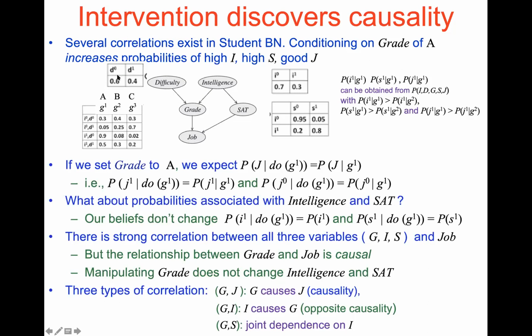We have difficulty D0, D1, with probabilities 0.6, 0.4. Intelligence I0, I1, low intelligence and high intelligence, maybe 0.7, 0.3.